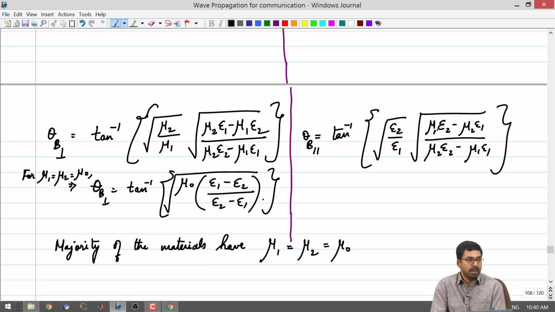Okay. So, there are so many conditions. In the case of perpendicular polarizations, if you have non-magnetic material on the left and on the right, you may not get a theta b perpendicular, because you will end up having tan inverse of square root of minus mu naught, minus 1, whatever.